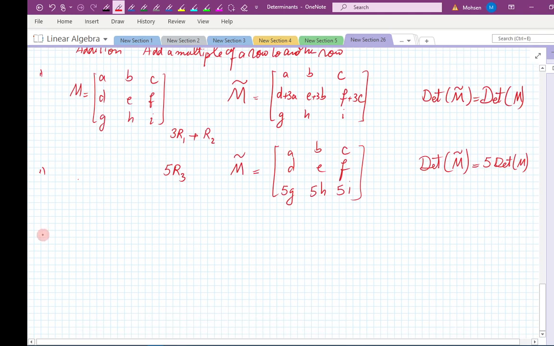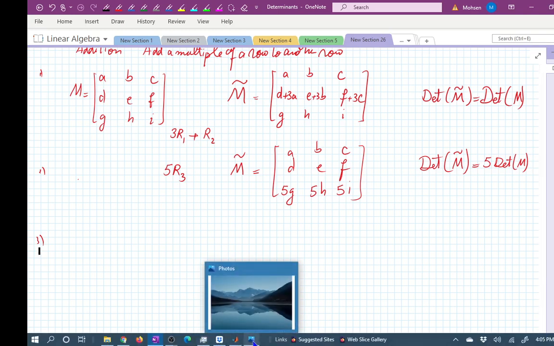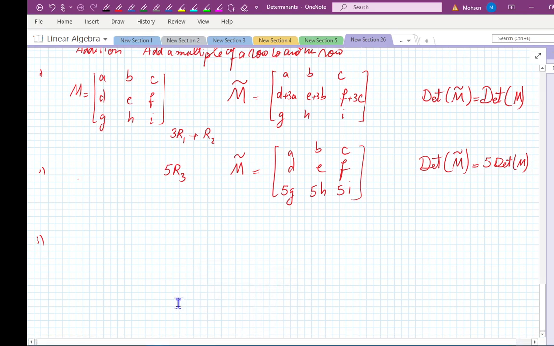Item number 3. What did we have? Addition operation, multiplication operation. Do you remember what the third one was? So here's your incentive to go into the cupboard of your mind and tell me what the third one was. The third one was, of course, the exchange operation.